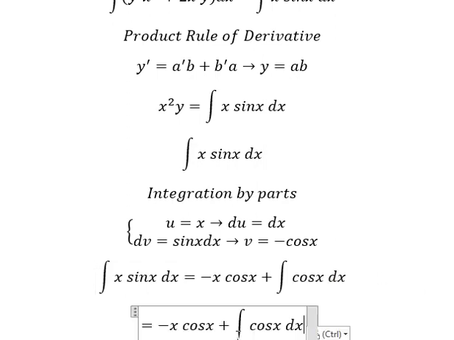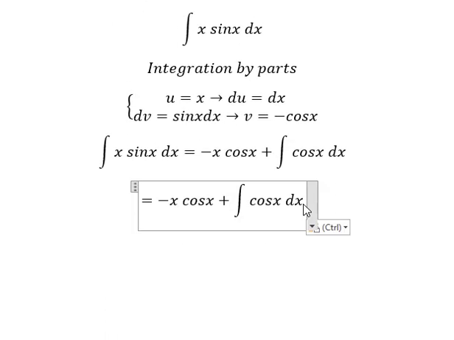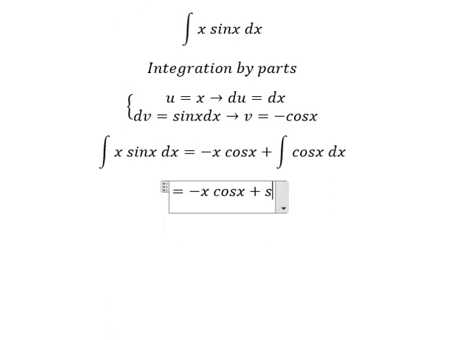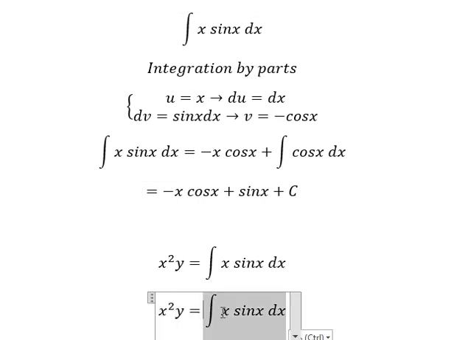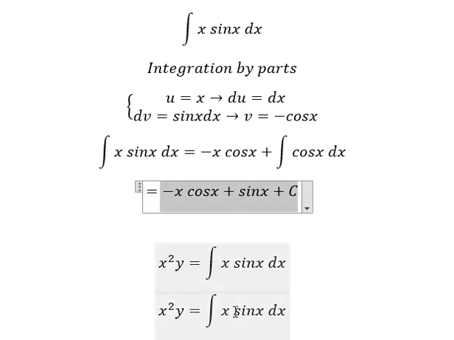The integration of cosine s is sine s, and I will put plus c. So the integration of this one is this one.